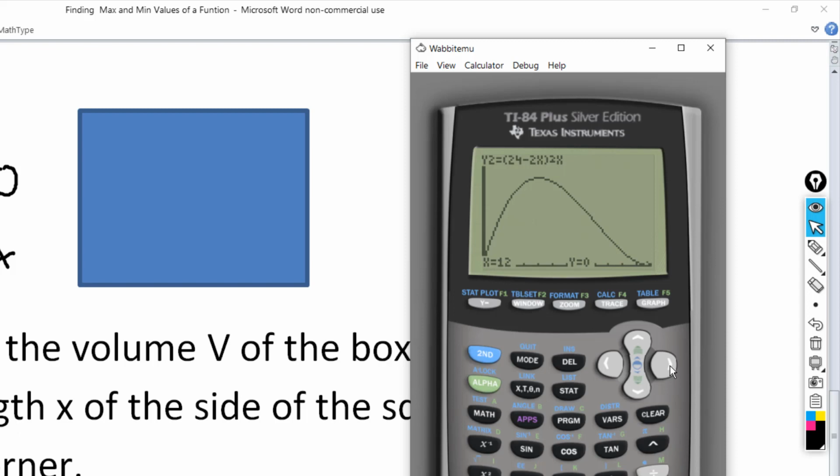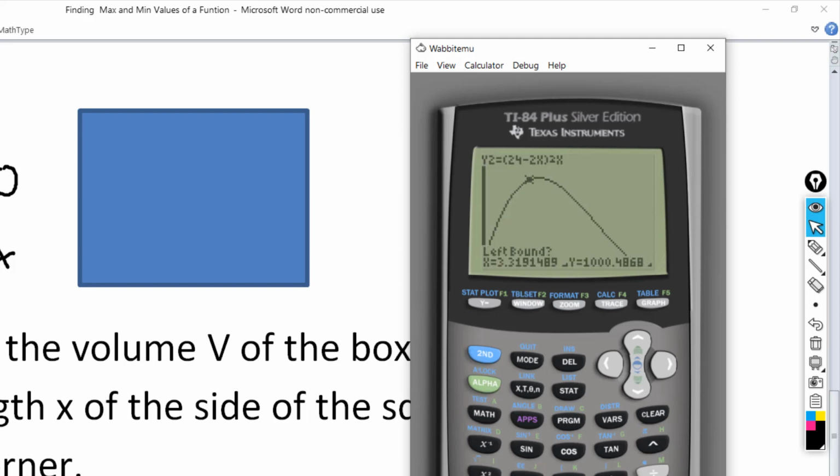Okay, so we're getting close to 12. So at 12 it goes to 0, okay? So I know then that the answer I want does exist over here at the top of this curve. So right there is where the answer is going to come from. So I'm going to go to, again, second, calculate, and again I want maximum.